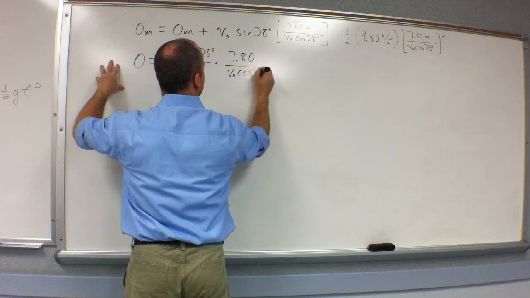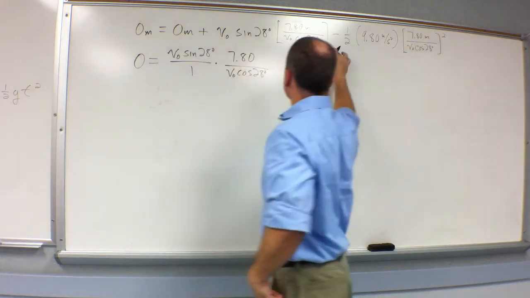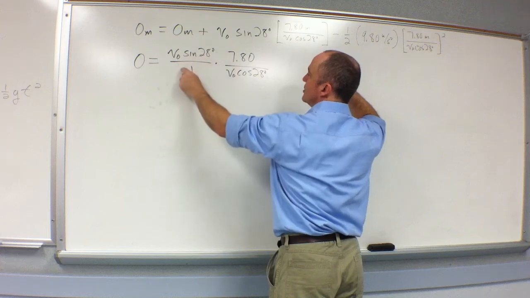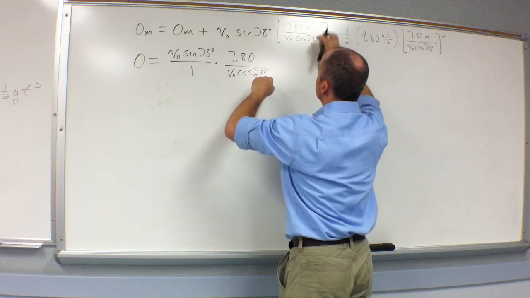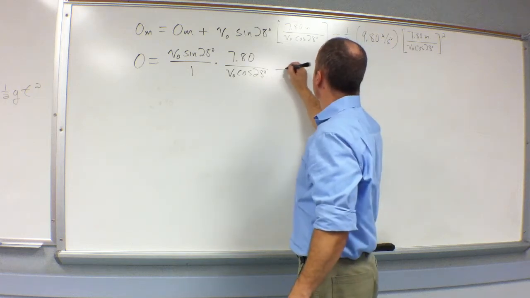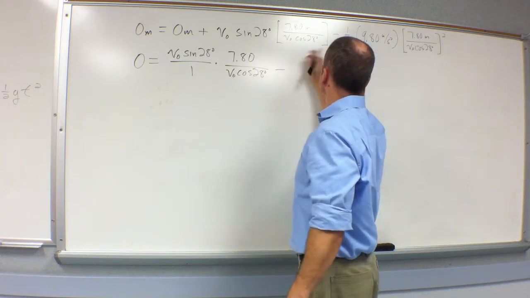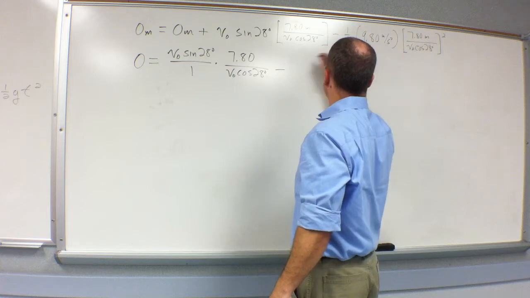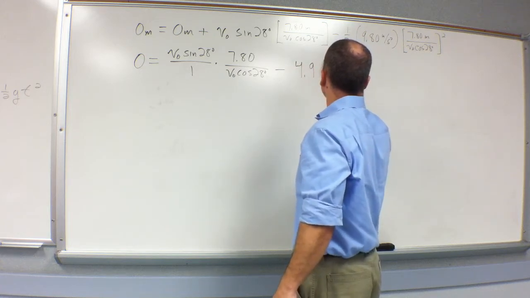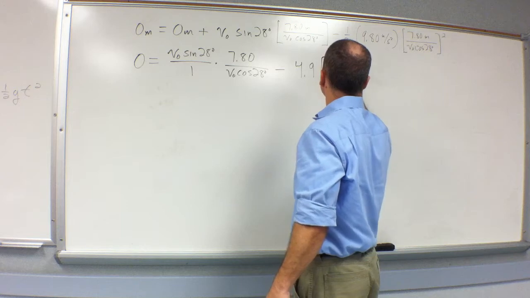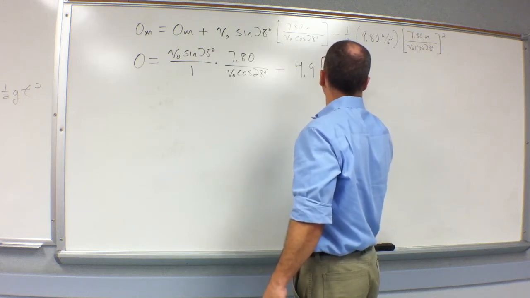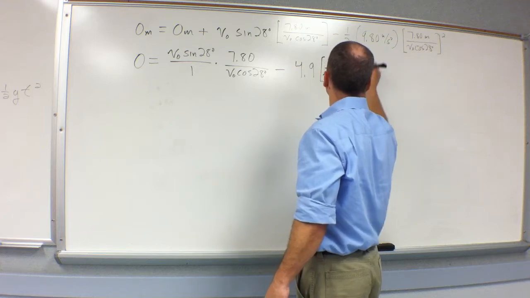I'm rewriting this term with v initial sine 28 as a fraction over 1 times 7.80 over v initial cosine 28 as a fraction. And all I'm going to do on this term is take 1/2 of 9.80, which is 4.9, for now times 7.8 over v initial cosine 28 degrees squared.